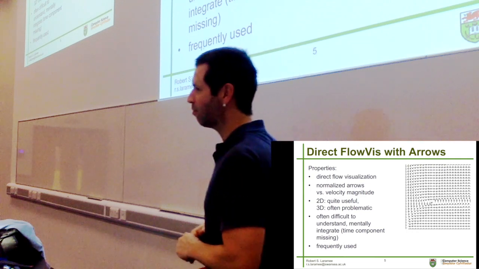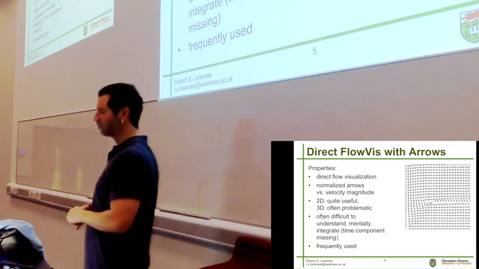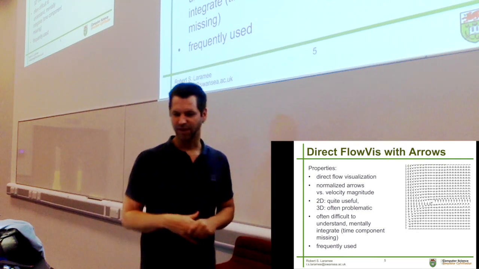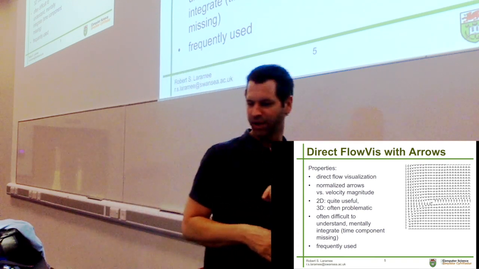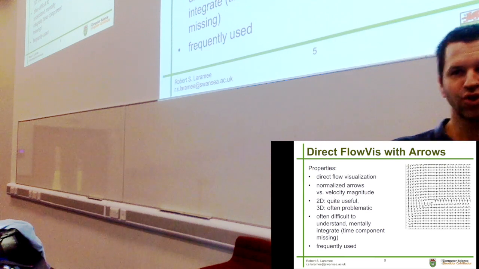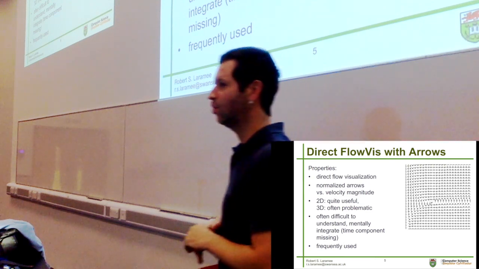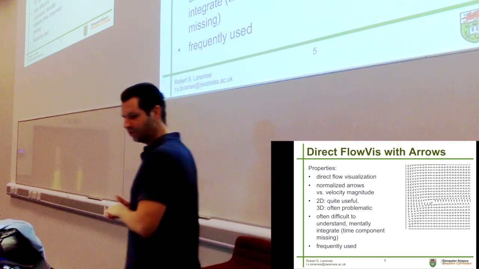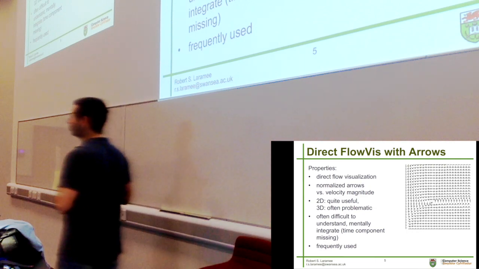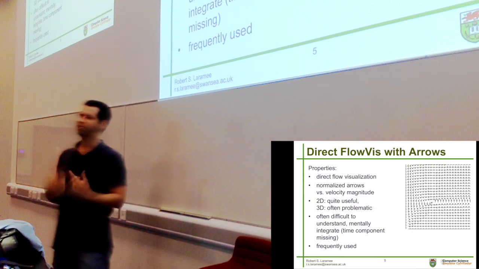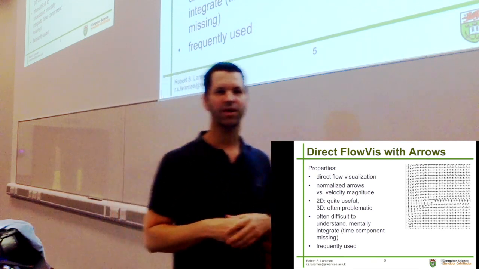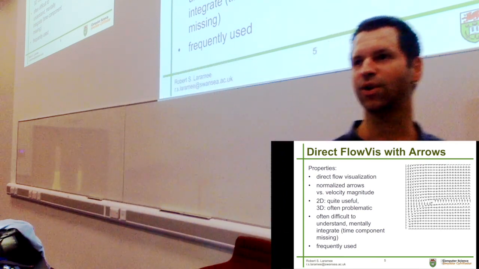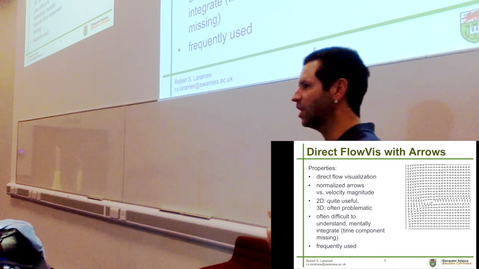I can tell because I'm a mind reader. And that's what makes it difficult to understand. That joining of the arrows or trying to trace paths of flow is also called integration of the flow. So you're going to hear that term many, many times. Trying to trace the path of a massless particle when it's dropped through the flow is one of the major topics of today.